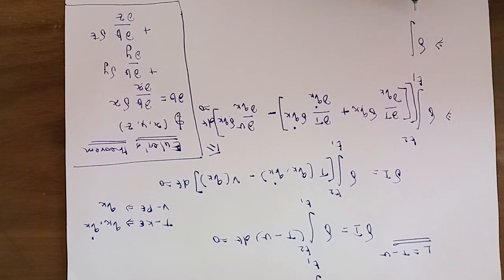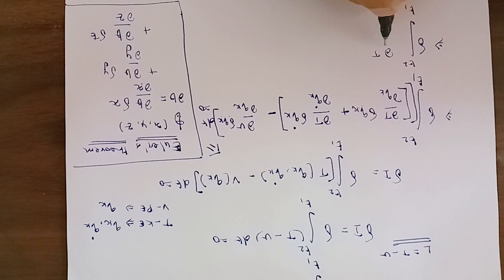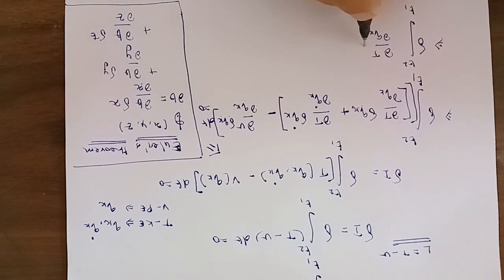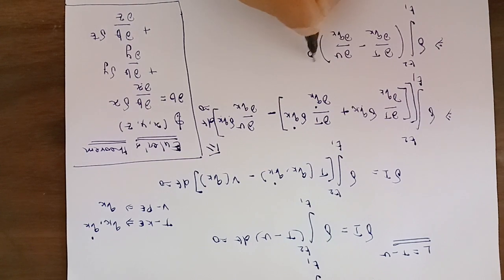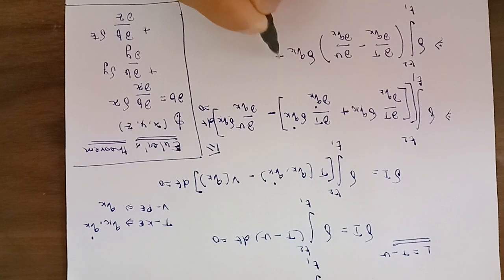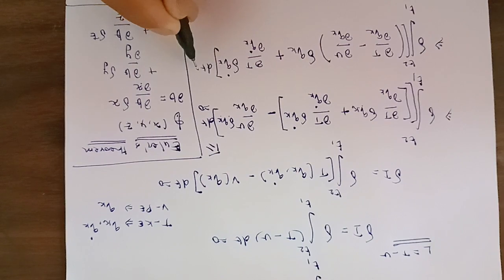So delta integral t1 to t2, first the qk quantity, dou T by dou qk minus dou V by dou qk into delta qk separately, then plus dou T by dou qk dot into delta qk dot, into dt is equal to 0.